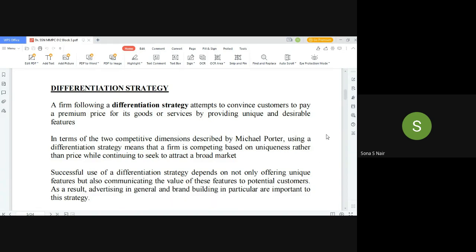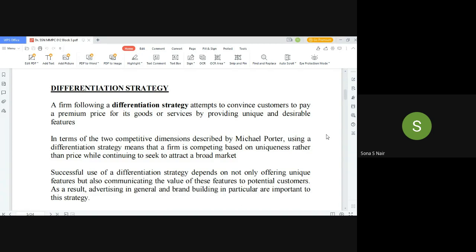Right. So we were with the differentiation strategy. Now, according to Porter, what is a differentiation strategy? In differentiation strategy, the customers pay a premium price for the goods and services because of their unique and desirable features.